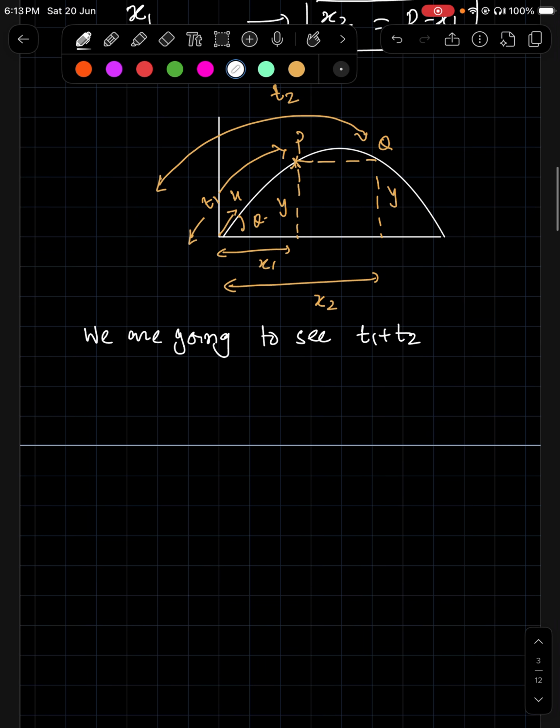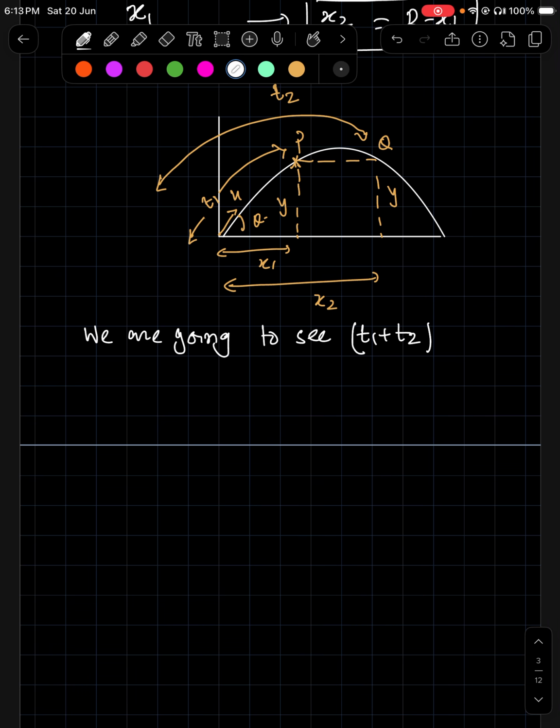Let us first see how I can find that. I take any one of the points P or Q and write the time as t, a variable.